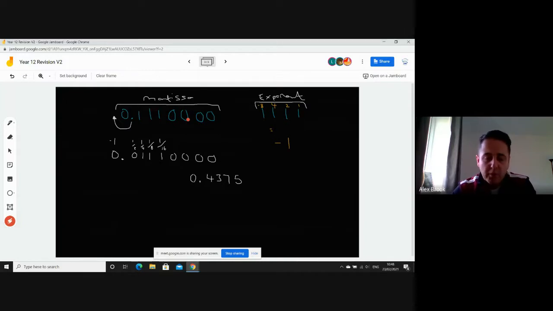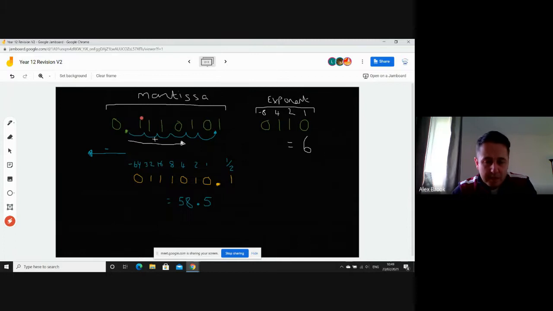So it's very important that you attempt the mantissa and exponent sections, because these questions always come up on the exam paper. Okay, they always come up. So again, just to recap over these ones here, if you're looking at a positive, again using 2's complement, this is the 0, it's a positive, so it's moving this way.